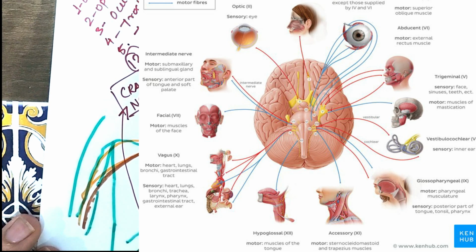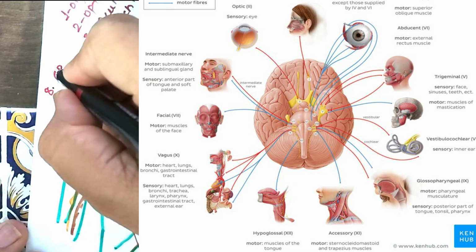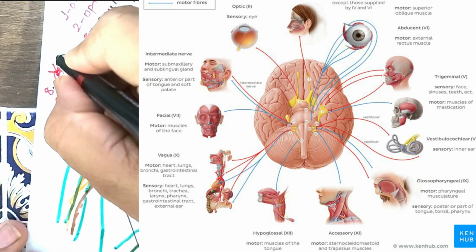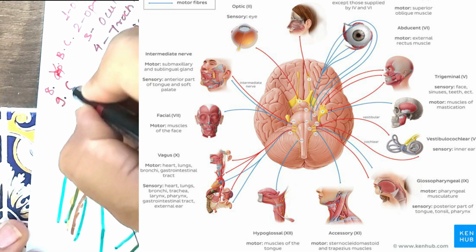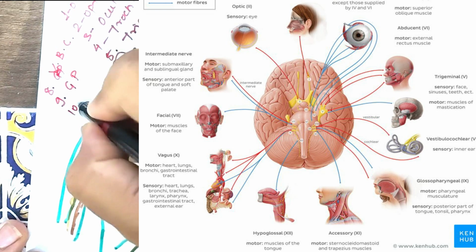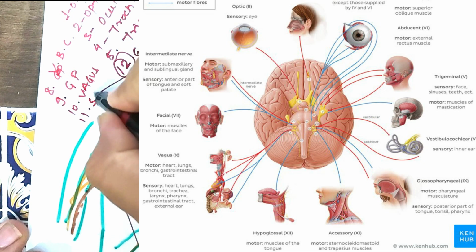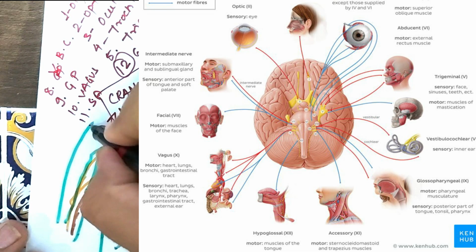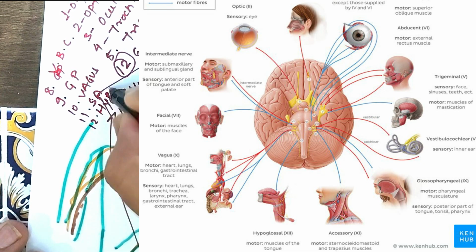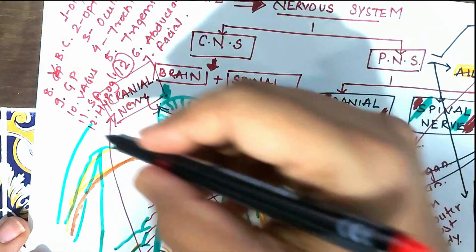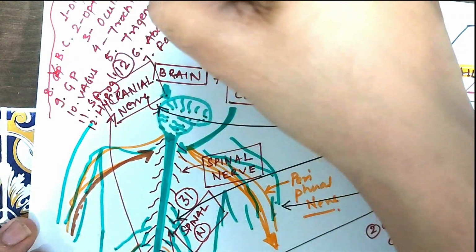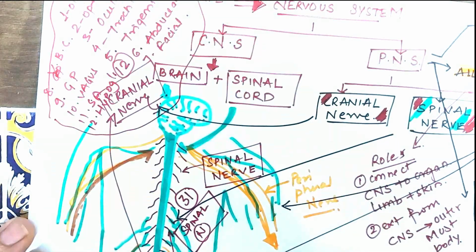So all these are basically the 12 pairs of the cranial nerves: abducens, facial, glossopharyngeal, vagus nerve, spinal accessory nerve. Okay, so these are the 12 pairs of the cranial nerves which emerge from the brain and brainstem.